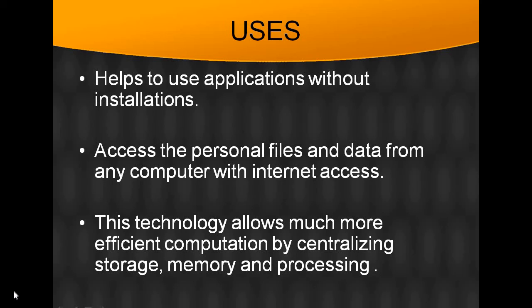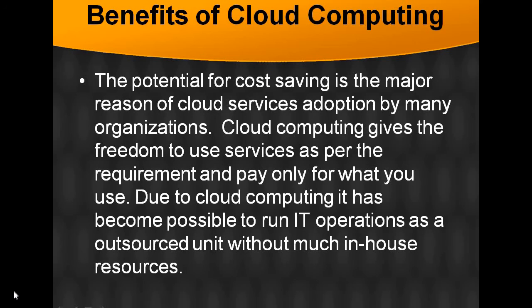These are the uses of cloud computing. It helps to use applications without installations. That is, we can use any apps without installing them in our system. Also, we can access personal files and data from any computer with internet access. Also, this technology allows more efficient computation by centralizing storage, memory and processing.